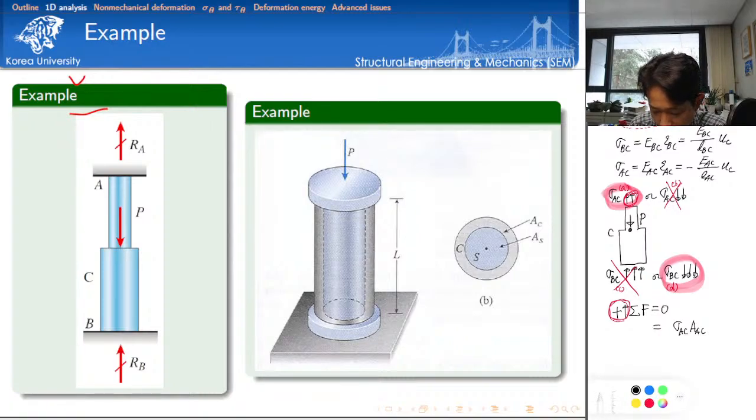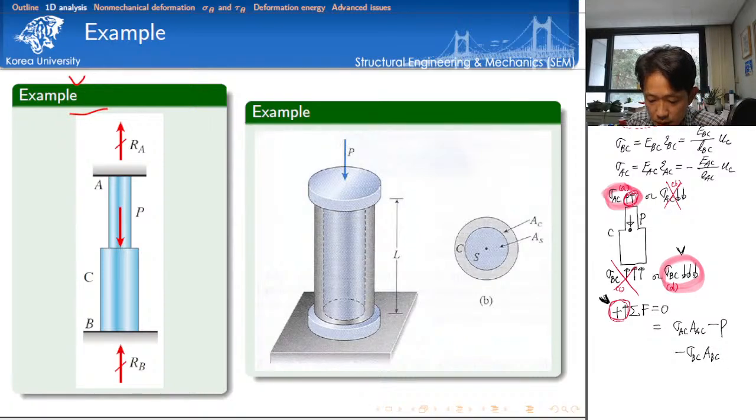Now we need to consider the external force. The external force is minus P, because this is the default local coordinate system for checking force equilibrium. And then we need to consider this one, also heading downward. That's why we choose minus sigma BC times the area of BC segment.